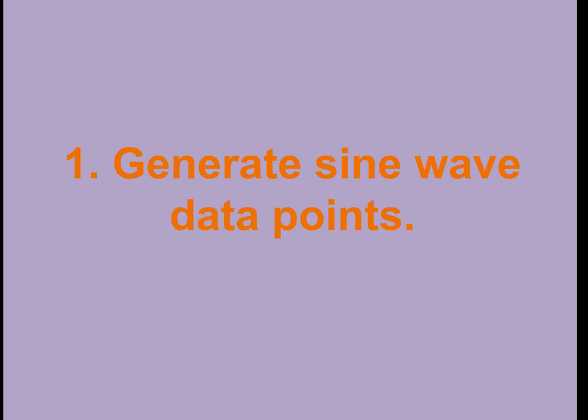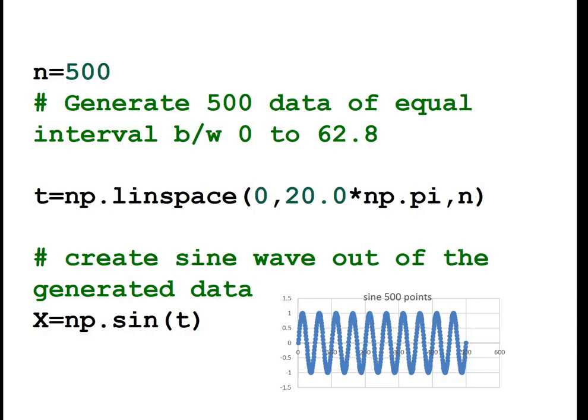Now, how to generate the sine wave model? First you have to generate sine wave points. So in the program, you say n is equal to 500. That means 500 data points you are going to generate. And you can call a function called sine t. Sine t contains certain radians actually.